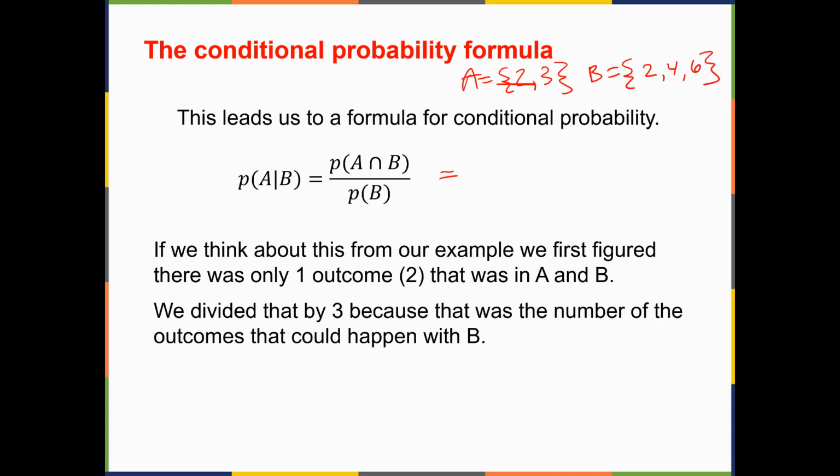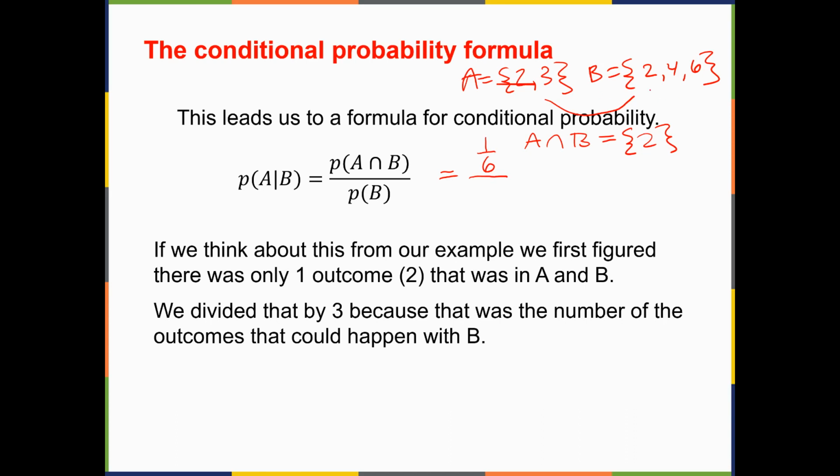The probability of A and B occurring is only going to happen with a 2, right? The only outcome in both of those is 2. The intersection of those two is just 2. So the probability of getting a 2 is 1 chance out of 6. What's the probability of B occurring?